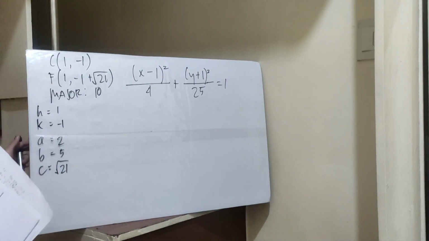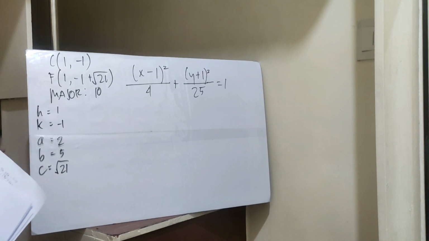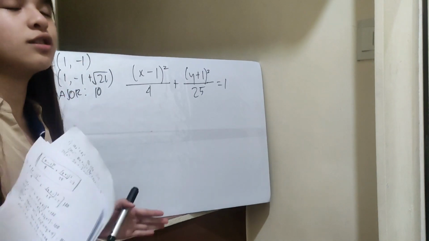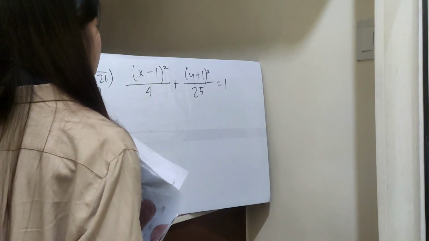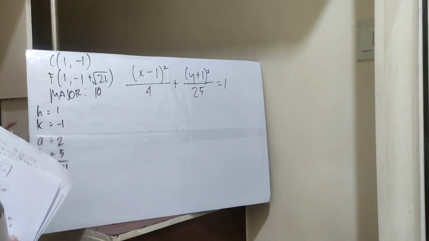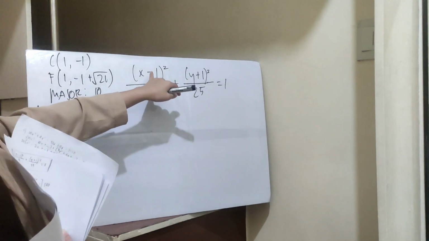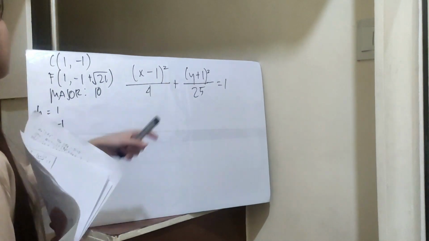After finding the values for h, k, a, b, and c, we can now easily find the standard equation given its properties. What we did here is basically substitute the values from here. As for our x coordinate, we had 1, which will automatically be negative 1.